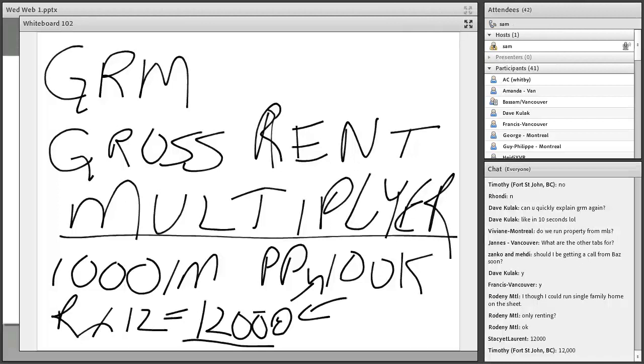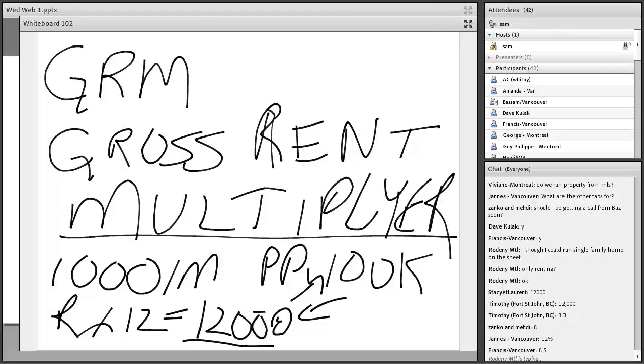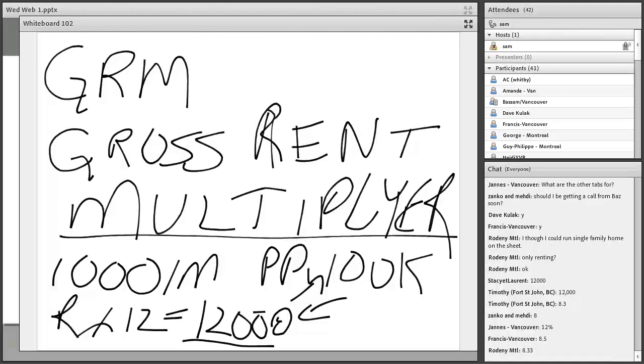So how many times does 12,000 go into 100K? $100K divided by 12,000 is how much? 8.3. Okay. Now, what number were we looking for in the sheet?